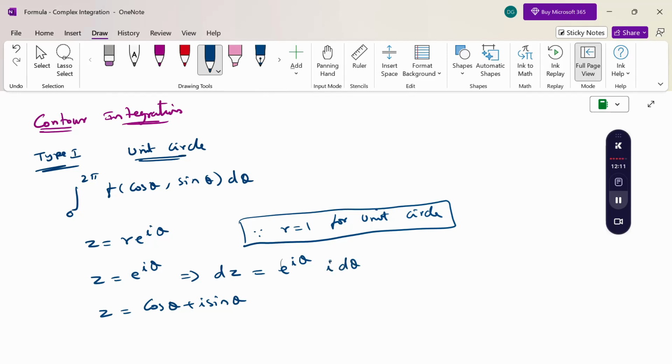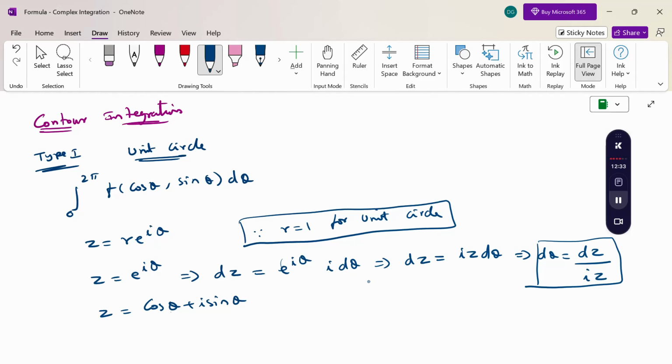This e power i theta is nothing but z, so dz equal to iz d theta. So from this equation, d theta equal to dz by iz.